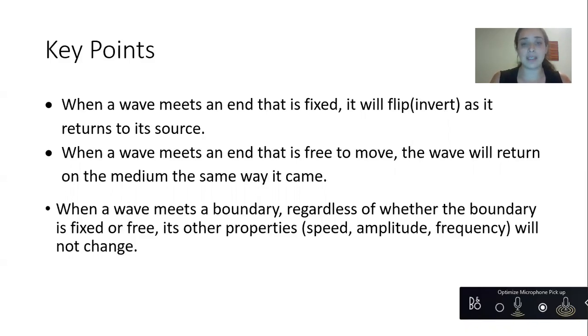When a wave meets an end that is free to move, the wave will return on the medium in the same way that it came. When a wave meets a boundary, regardless of whether the boundary is fixed or free, its properties, speed, amplitude, frequency will not change. Make sure to copy this in your notebook. If you need to press pause now so that you have enough time to write them down, please do so.